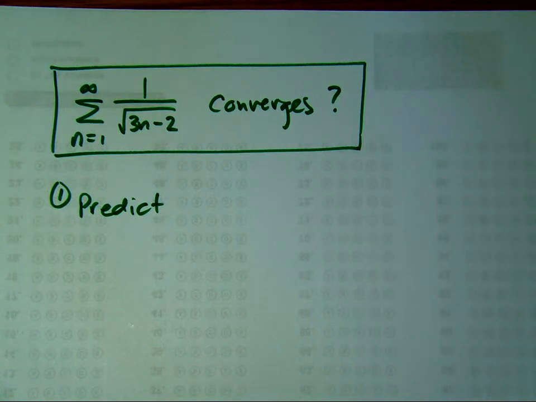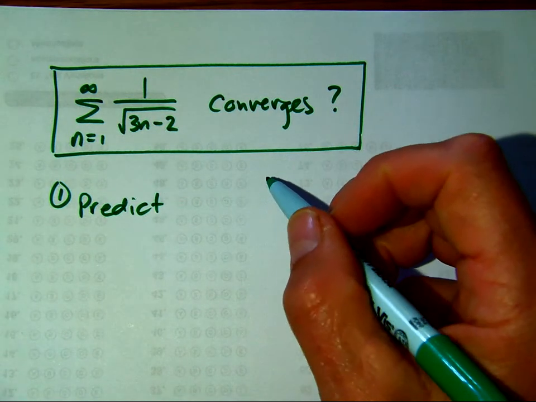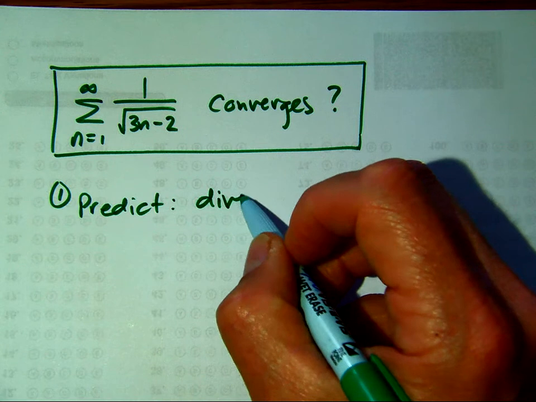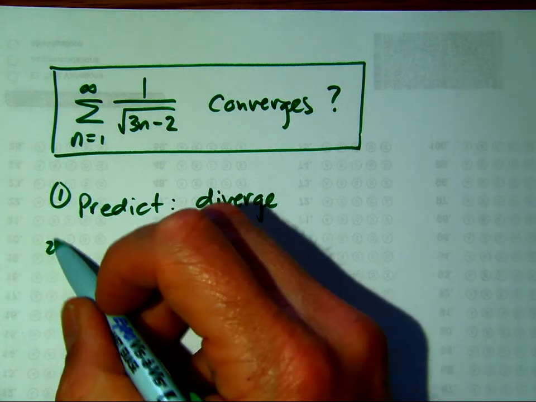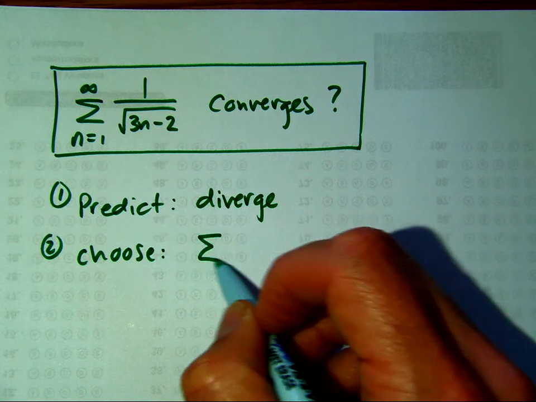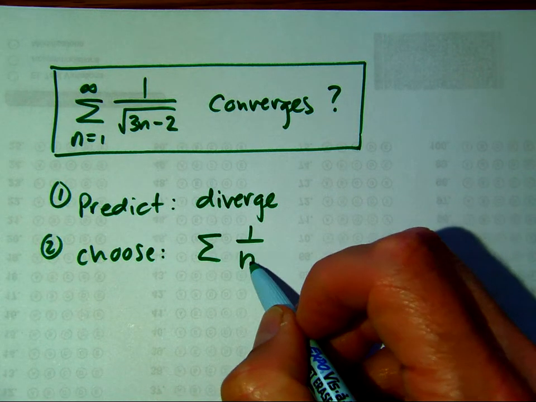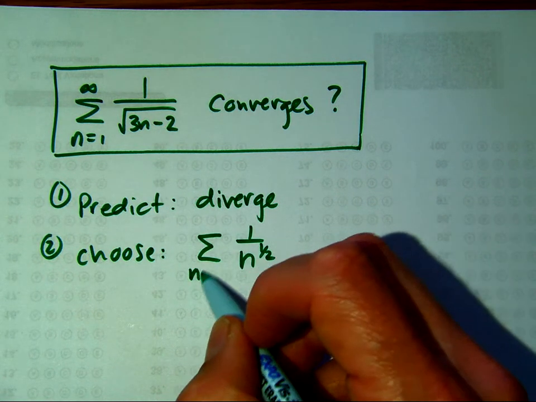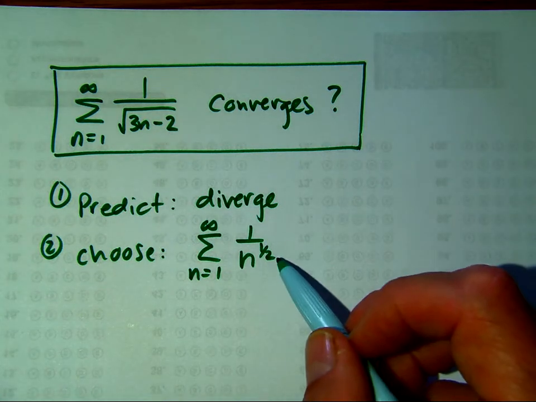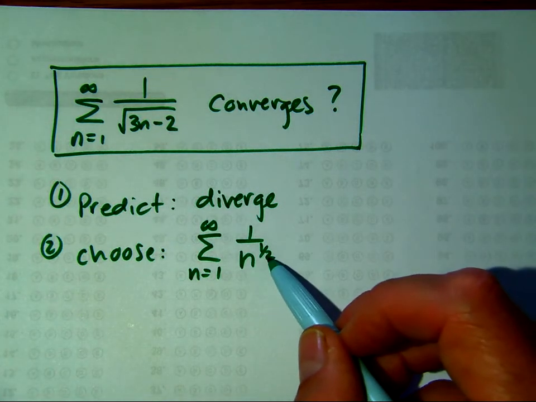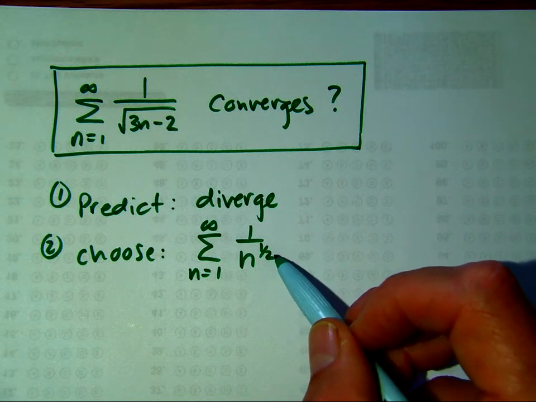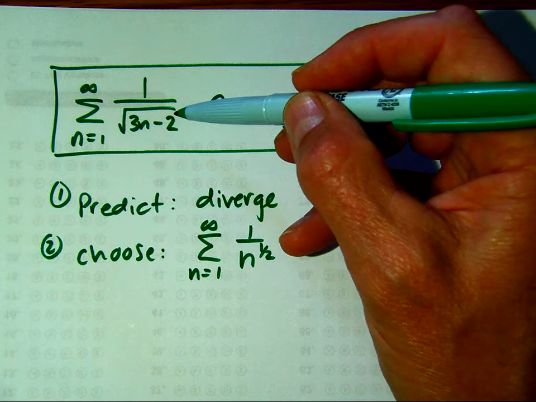If the degree is 1/2, we think it might diverge because it reminds us of that. And this is a divergent p-series because the exponent is between 0 and 1. So this diverges, and that means we think this will diverge, and now we just have to compare.